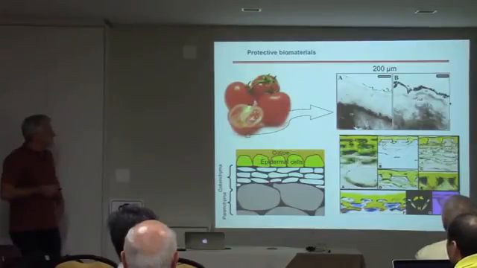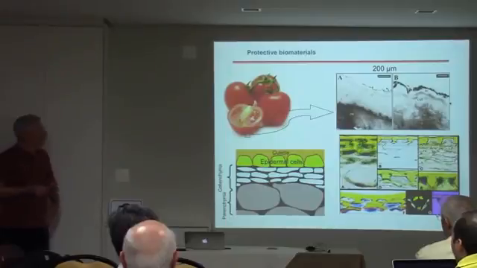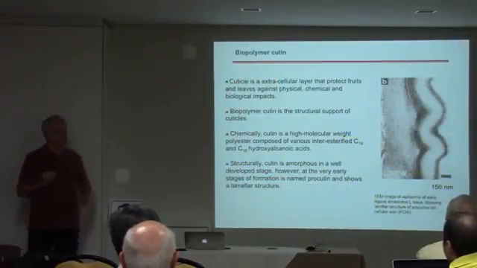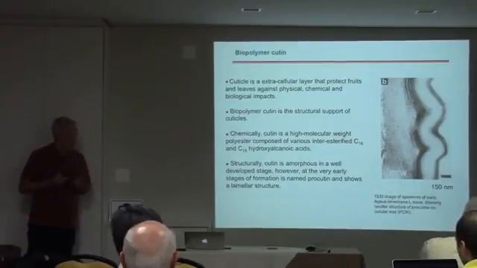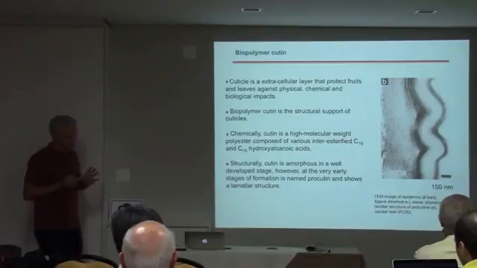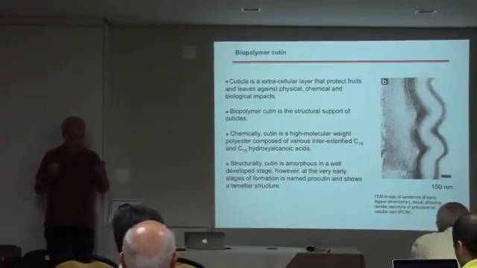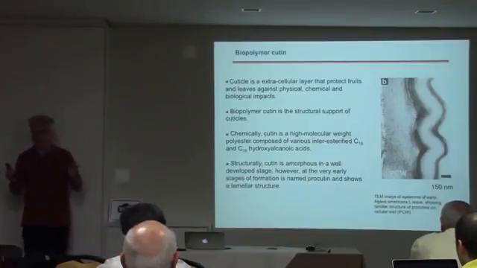This skin is formed by the cuticle. The cuticle is this extracellular layer that protects the fruit and the leaves. The biopolymer cutin is the main chemical structure that forms this system.